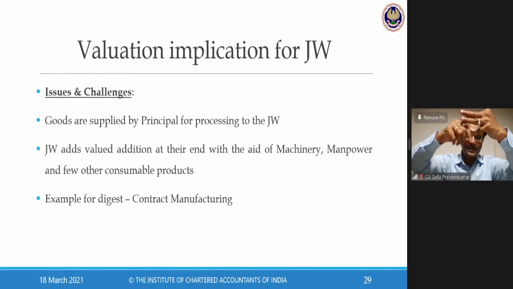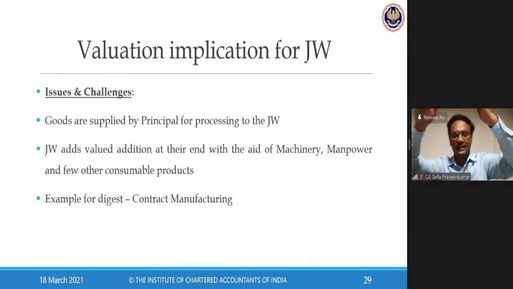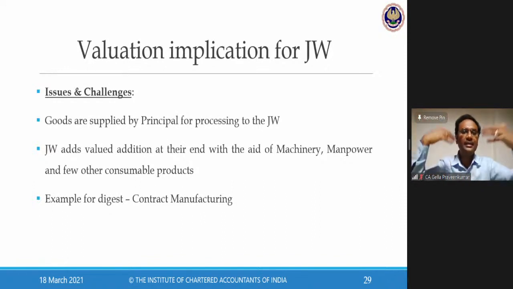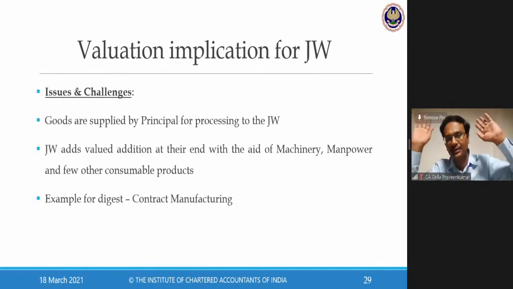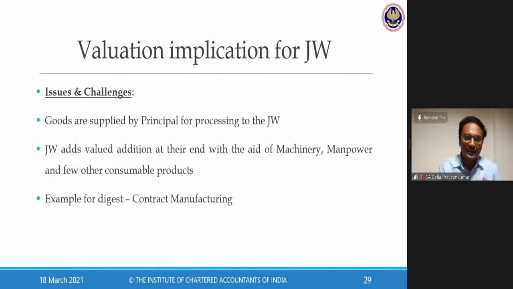I add bricks, I add manpower and do the construction activity. When I'm doing a supply of works contract, unless steel and cement are there, I cannot do the works contract. So something which is in my scope of works contract, which is given free of cost, should be considered, is what they say, right? Now, this is one important aspect under section 15, subsection 2.